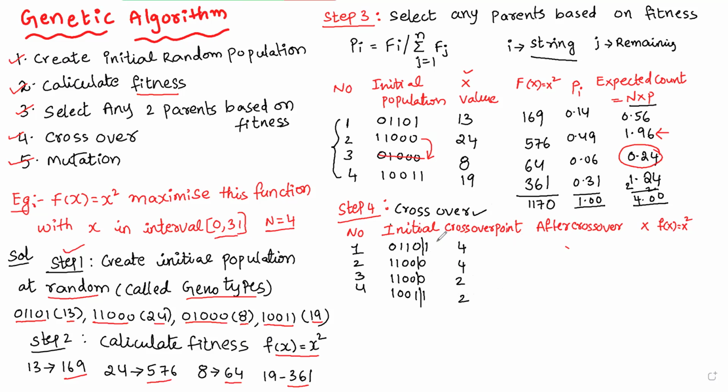After crossover, this will be changed: 0 1 1 0. This 0 will be changed as 1, giving 1 1 0 0 1. This 0 will be changed as 1, that is 1 1 0 0.